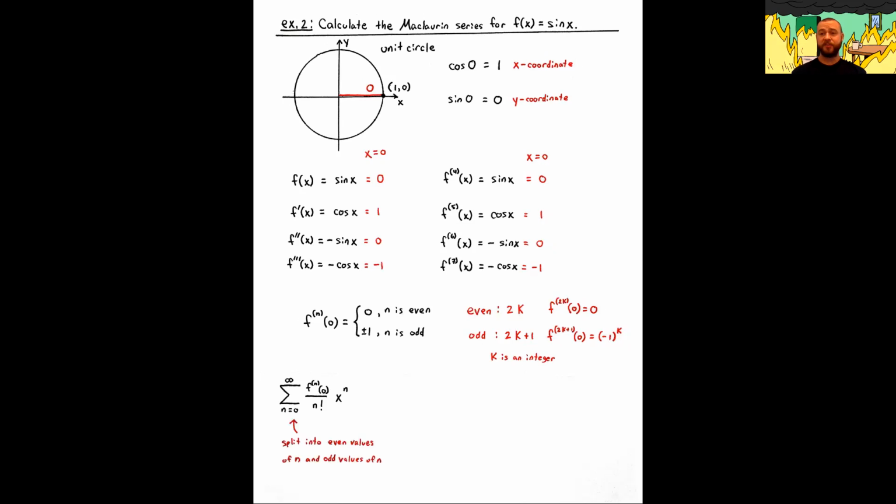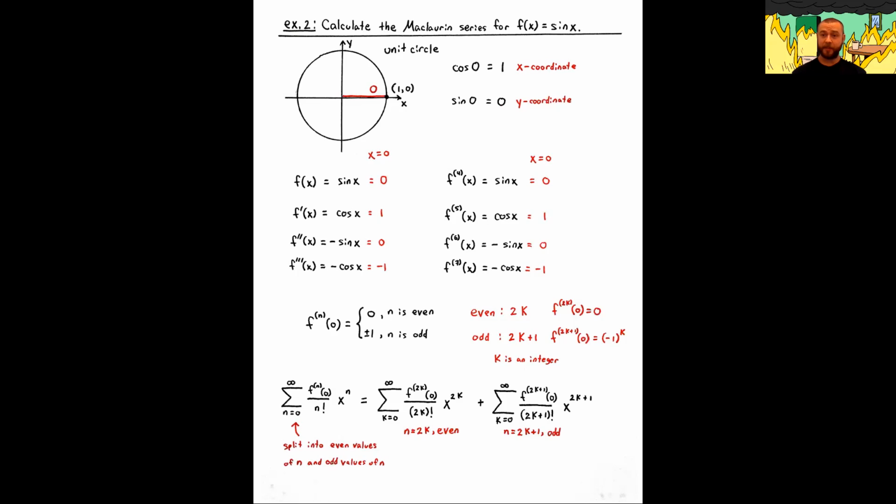Now, if we plug these into the Maclaurin series representation for the function, we have our index n being summed over all integers going from 0 up to infinity. From what we see with our pattern for function values, let's split the index n into the terms that have n equal to an even value, and then values for n that are odd.